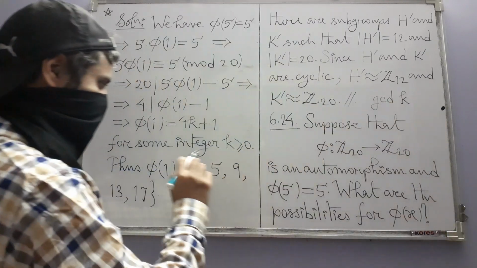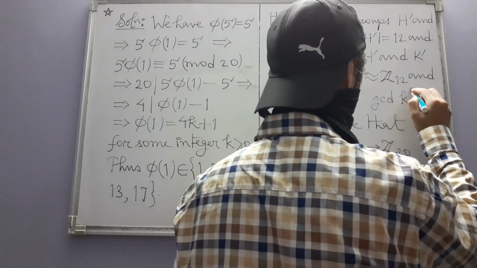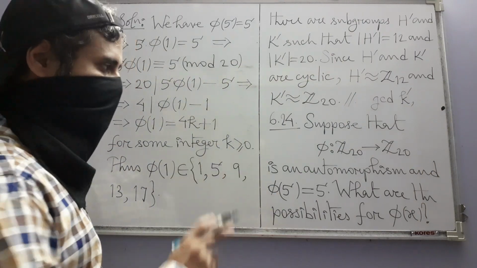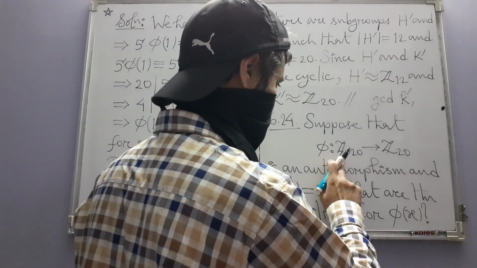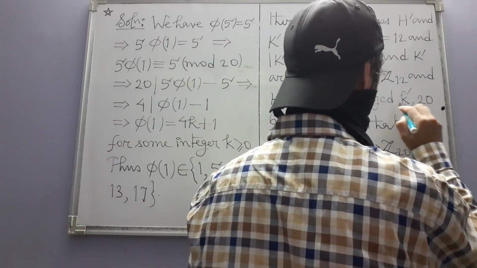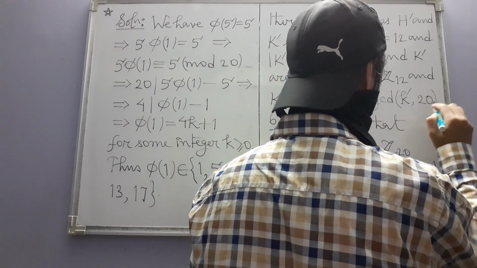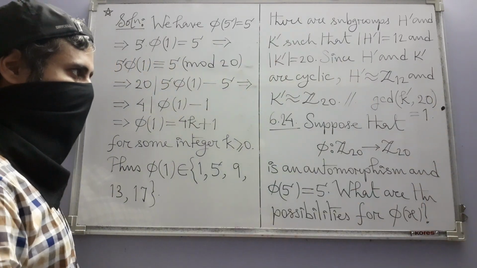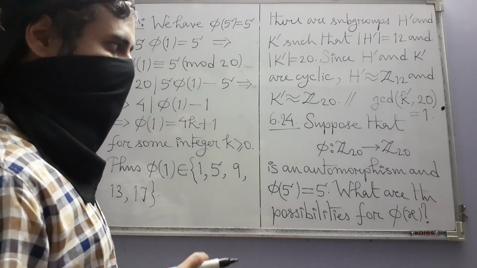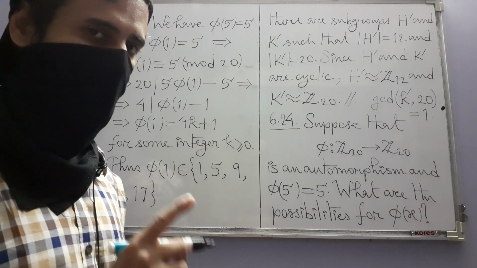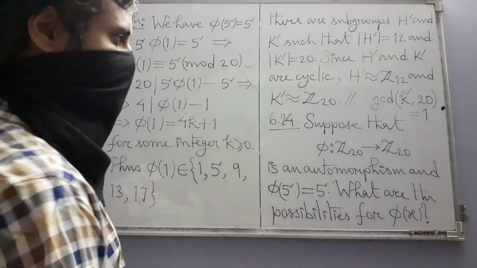Do not confuse this k with the earlier k; let me take k prime. k prime is an integer, and k prime will be a generator of Z20 if and only if k prime and 20 are relatively prime, that is, their GCD is 1. In other words, there is no common positive factor between them other than 1.